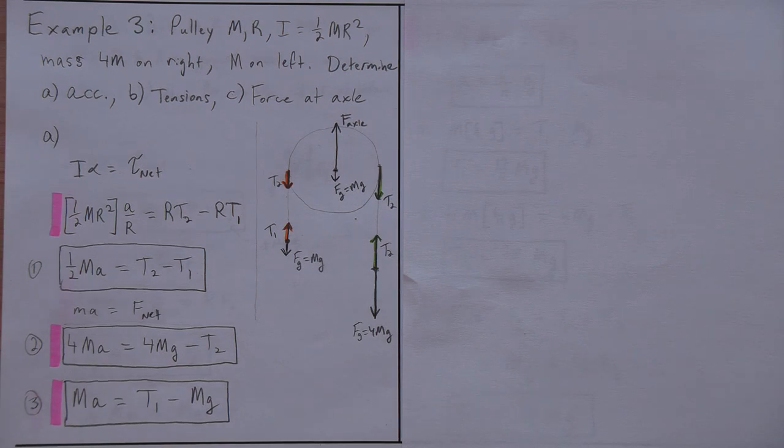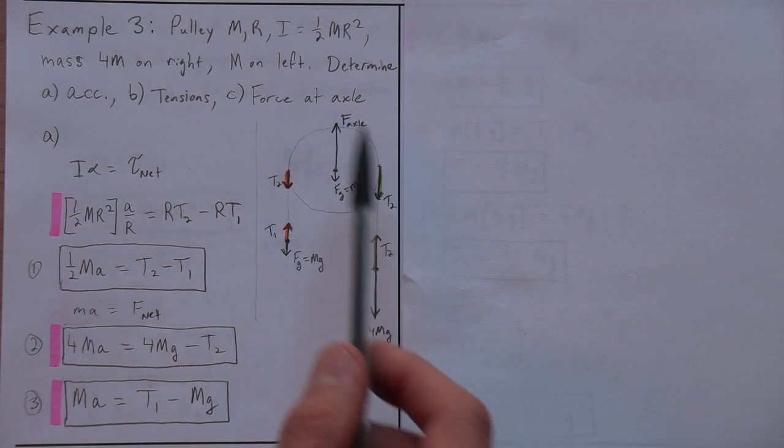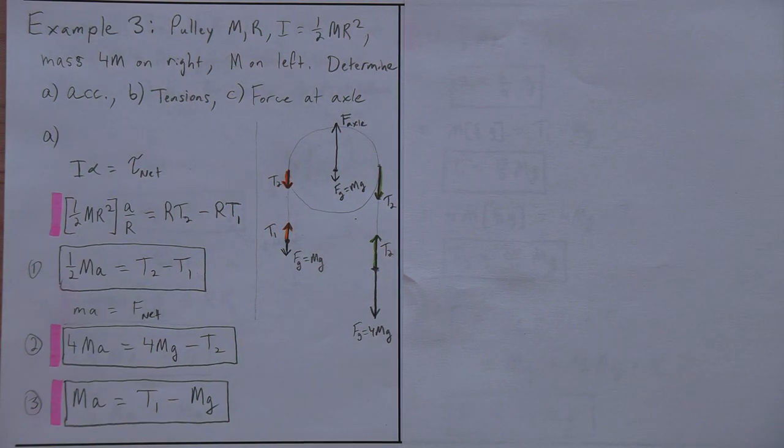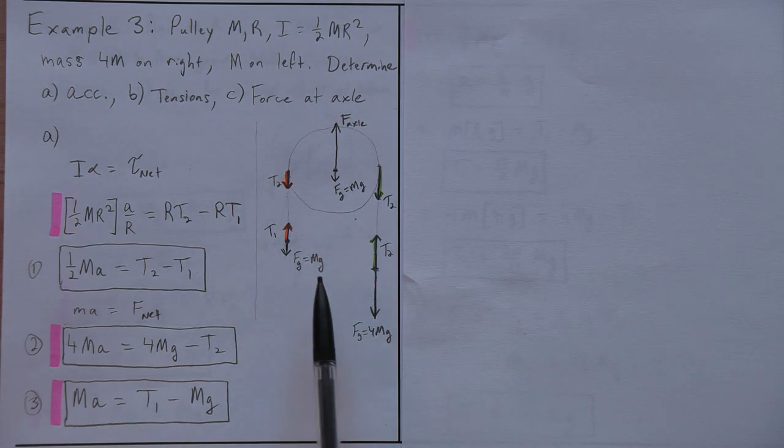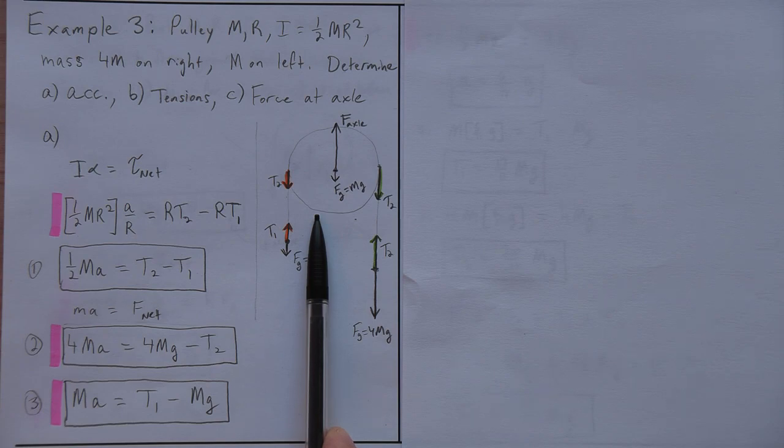So first thing I did is I drew forces on the diagram. You may have to do this, right? So let's go over how I got all these forces. The first set of forces are all the gravities on all the objects. This hanging mass on the left is m, so force of gravity mg. Again, you don't have to write mg. You just have to label for credit the force of gravity part, okay?